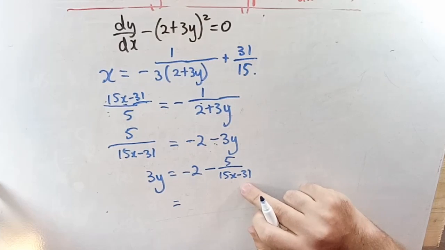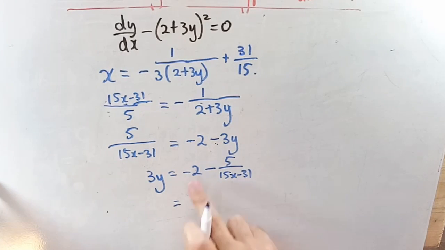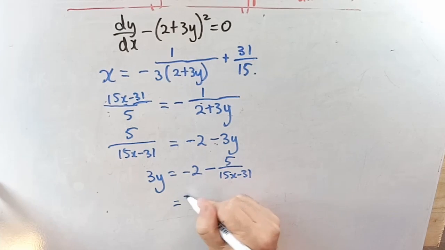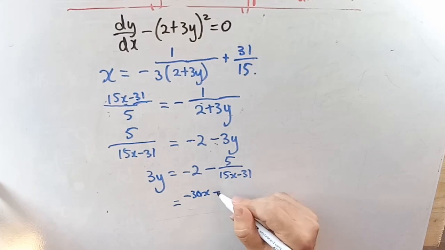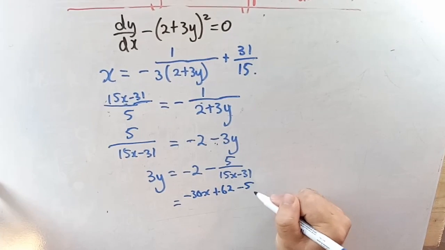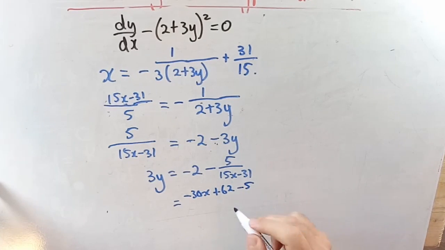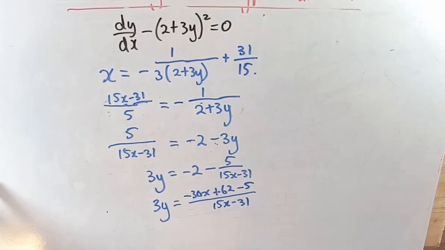Now, if I multiplied the 2 by this 15x minus 31, I could make this minus 30x plus 62 minus 5, all over 15x minus 31, equals 3y.